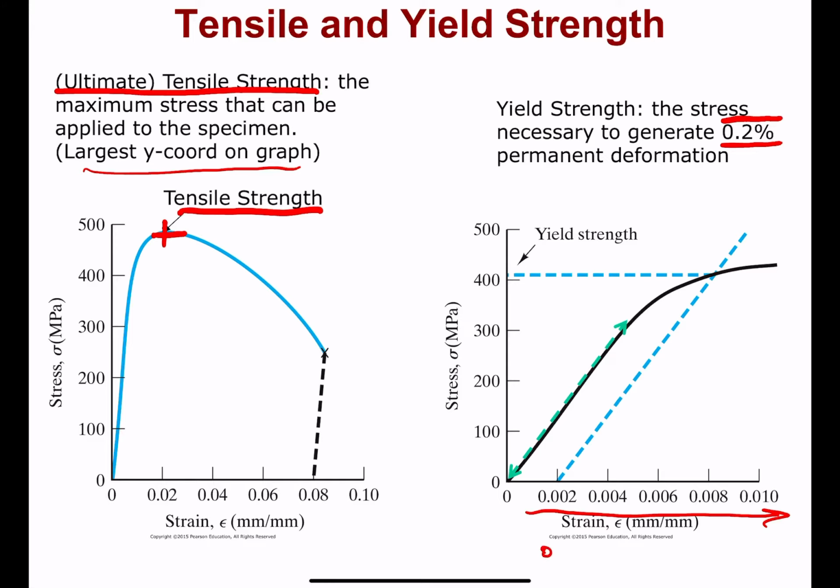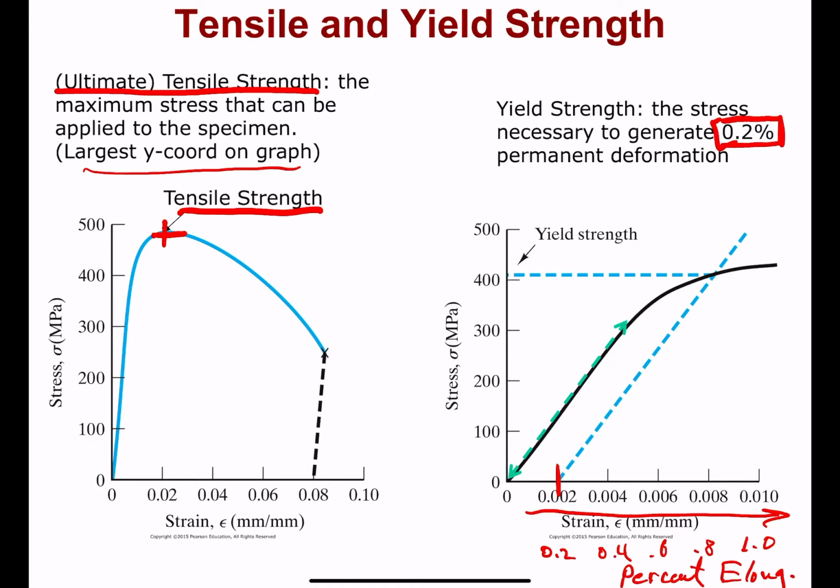So this is 0.2, this is 0.4, this is 0.6, this is 0.8, this is 1% elongation. Okay, so we're looking for 0.2% on there. So here you can see that this value here represents that point.